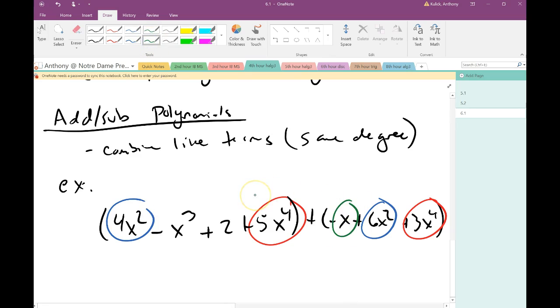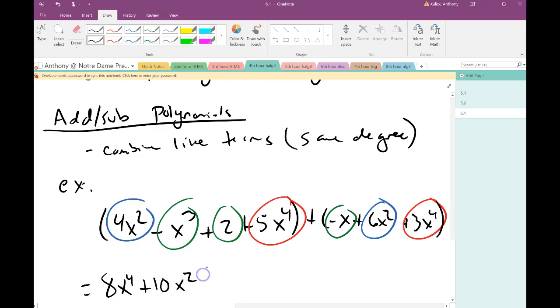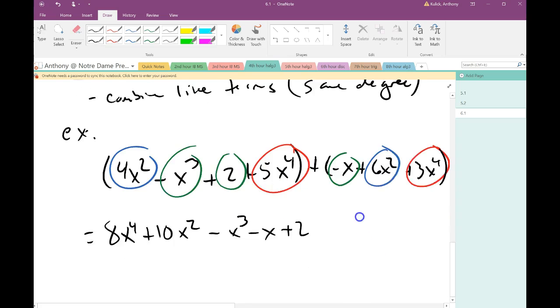None of the other things have like terms. So 5x to the fourth plus 3x to the fourth is 8x to the fourth. 6x squared and 4x squared is 10x squared. I have no x cubes to combine, so we just have that negative x cubed. I have no x's to combine, so I have negative x. And I have no 2's to combine, so I keep the 2.